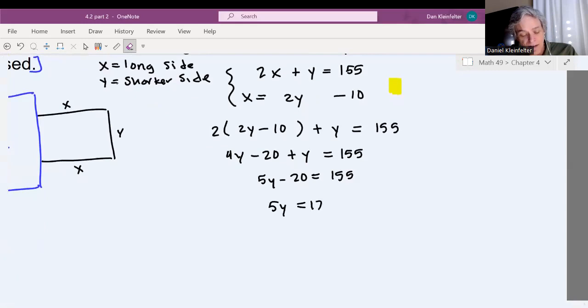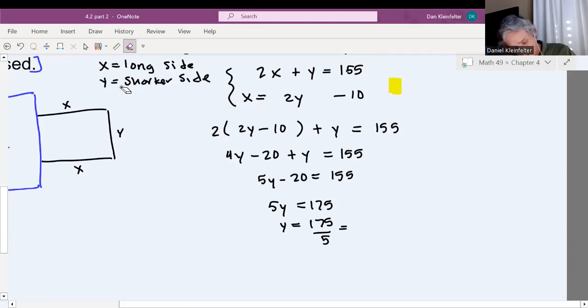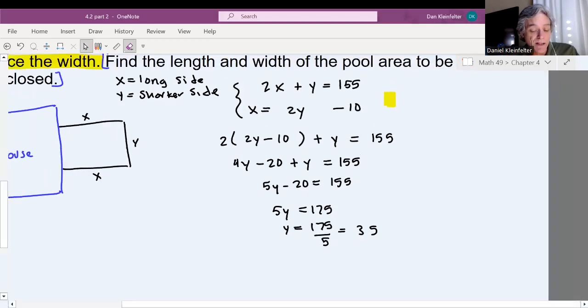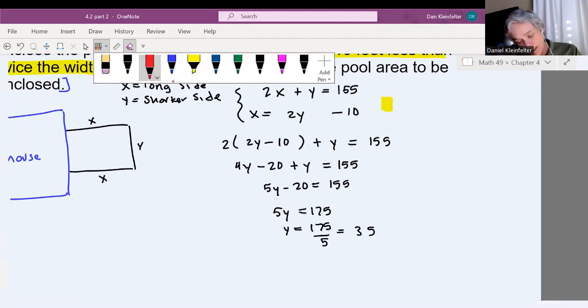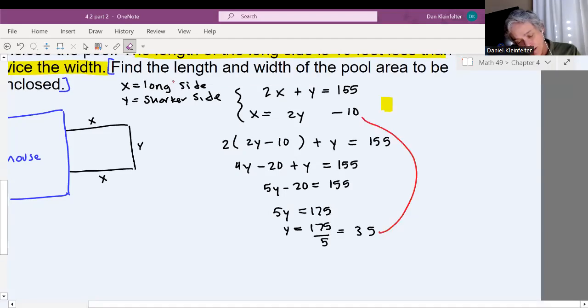5y is 175. And so y will be 175 over 5, and that's 35. All right, so now we have the dimension for y. So we will go back through and back substitute to get the value for x.